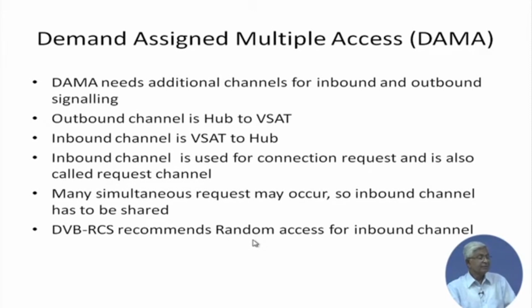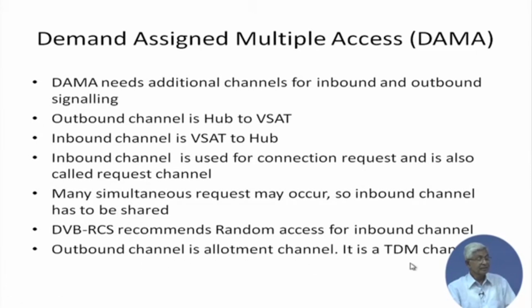Only sometimes some VSATs come; not all VSATs simultaneously ask for the allotment. That is why they use random access. They have other access methods also. One of them is random access for this inbound channel, and the outbound channel is TDM, because it is allotted by the hub and meant for everybody to look into. So it is a TDM channel. And this is the DAMA arrangement.